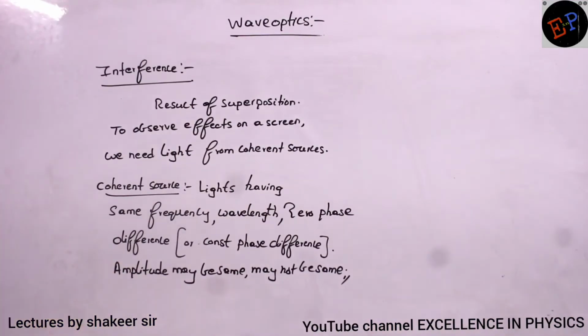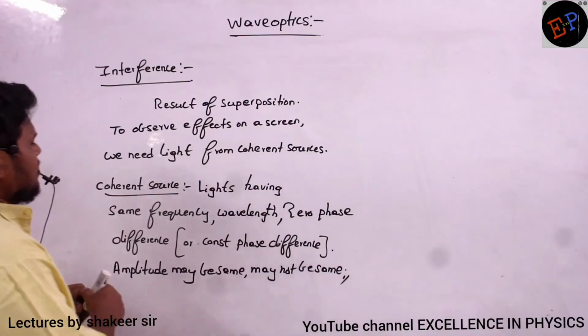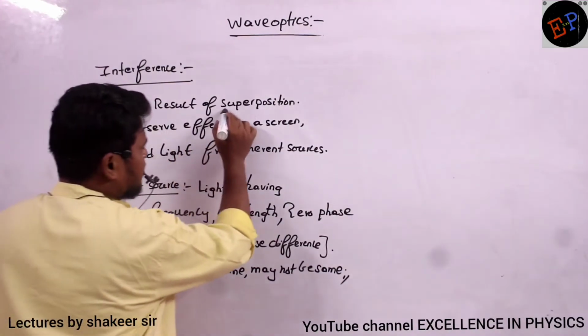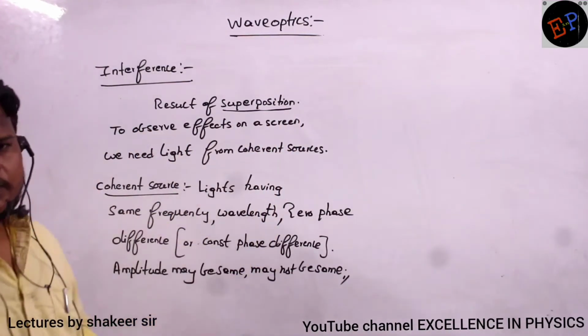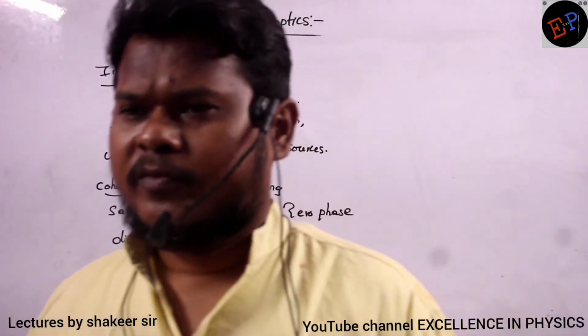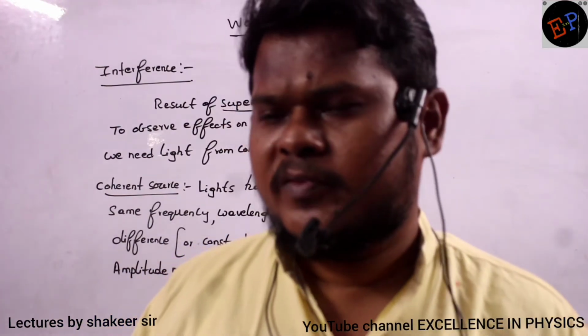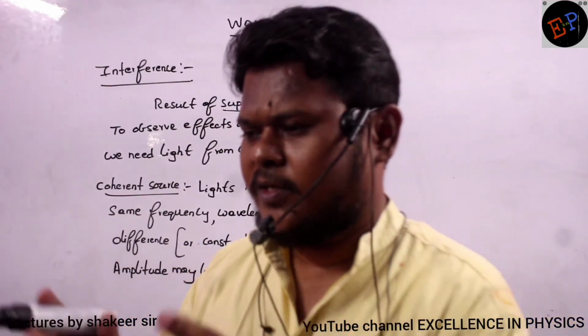Now see, next we are studying about interference. Interference is also a type of superposition only. What is meant by superposition? We study any two waves, whatever waves, traveling in any direction. When they come into contact with each other, what becomes the amplitude of the resultant wave?